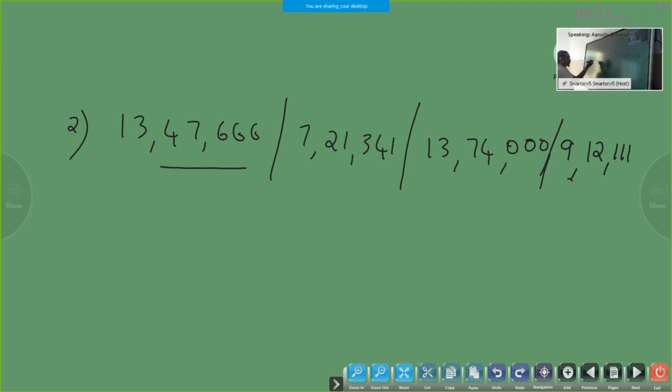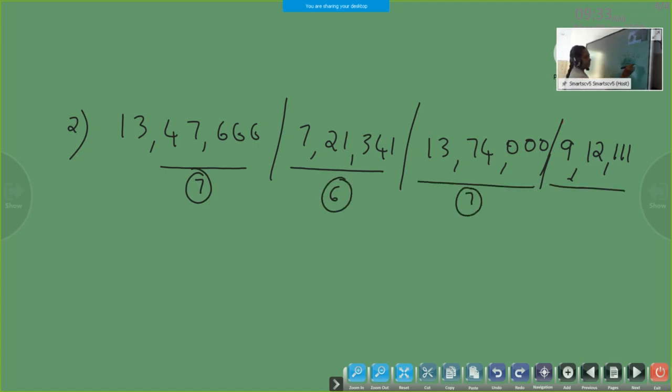Okay, very good. So in the first one we have 7 digits here. Here we have 6 digits. Next we have 7. And the last one we have 6 digits. So the bigger number is having 7 digits. Isn't it? Okay, which one is the bigger one?